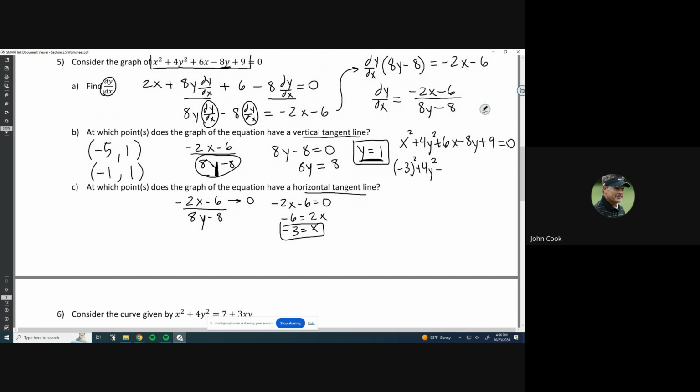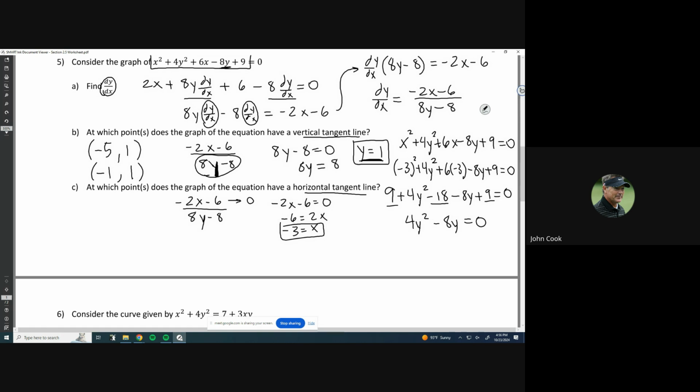We need to solve for y. 6 times negative 3 minus 8y plus 9 equals 0. Negative 3 squared is 9. Then 6 times negative 3 is negative 18. So we combine like terms. 9 plus 9 is 18. Minus 18 is 0. So we just end up with 4y squared minus 8y equals 0.